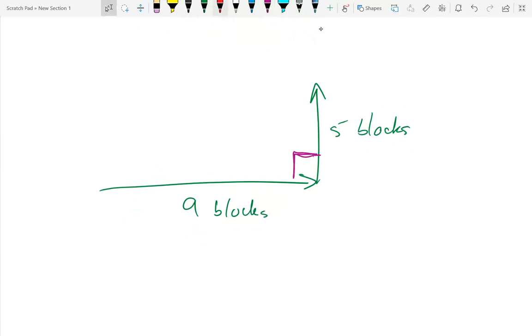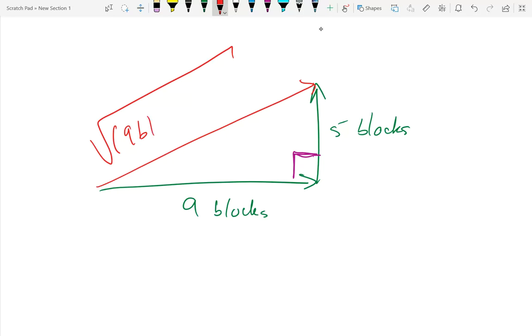In that case, the displacement is found by using the square root of 9 blocks squared plus 5 blocks squared. 9 squared is 81, 5 squared is 25, 81 plus 25 is 106. And so I'm going to have the square root of 106 blocks squared.